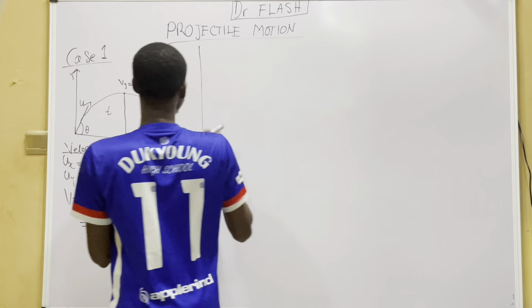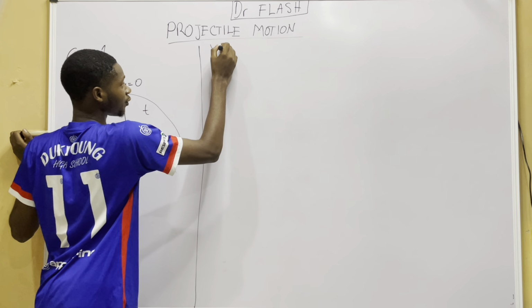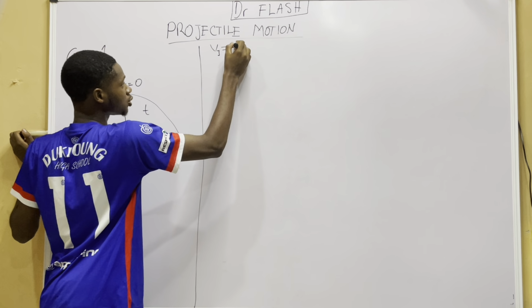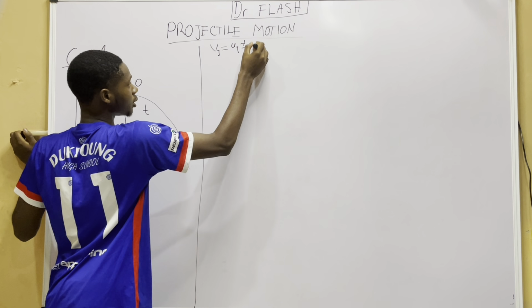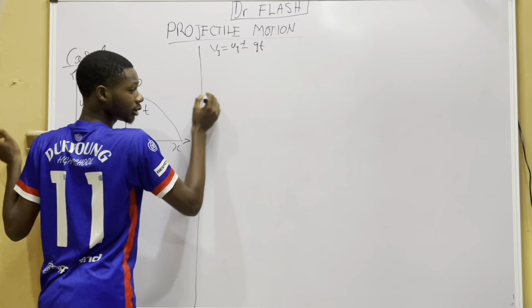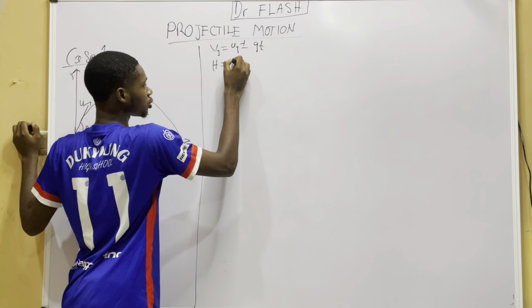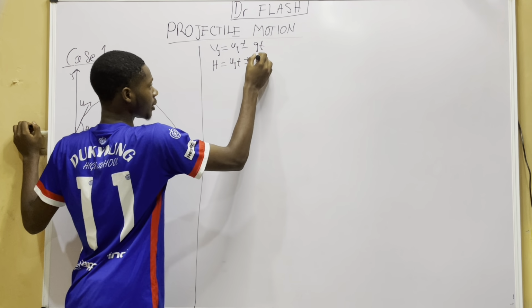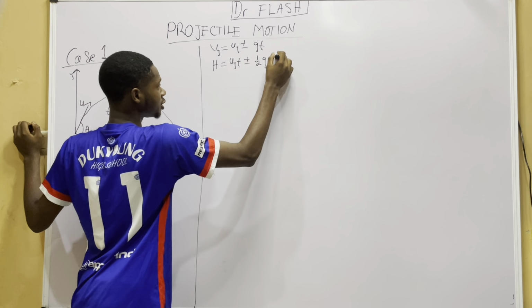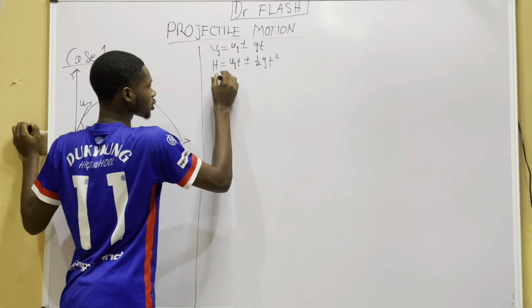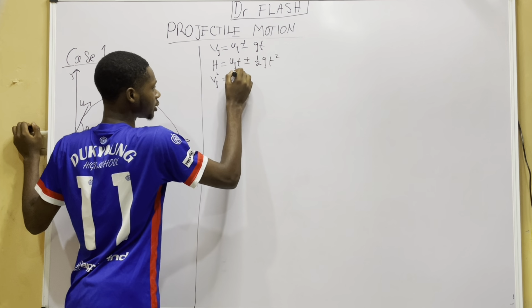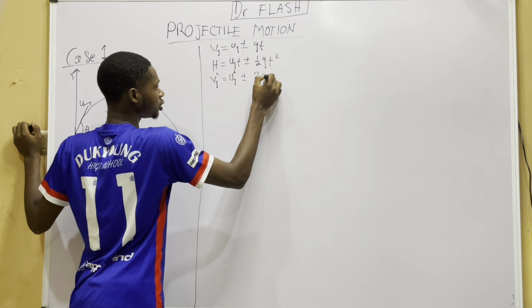Now the equations are first of all Vy equals Uy plus or minus gt. That's the first equation. And then we have h is equal to Uy t plus or minus 1/2 g t squared. And then we have Vy squared equals Uy squared plus or minus 2gh.